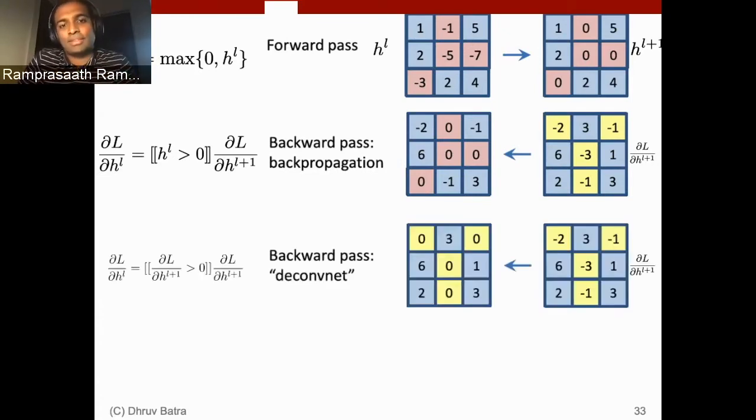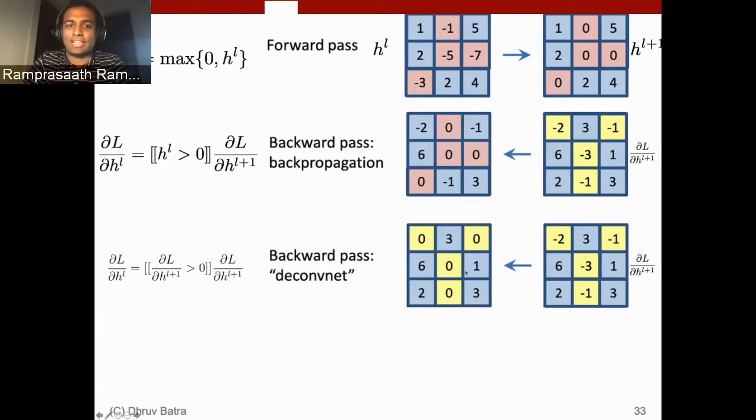Now, there's been another work, and I think Dhruv will be discussing this in a future lecture. Here, they change how the backward pass works for the ReLU layer: they don't care about the forward activations, and only backpropagate the gradients when they are positive. So, for example, here these values were negative, and they are getting zeroed out.